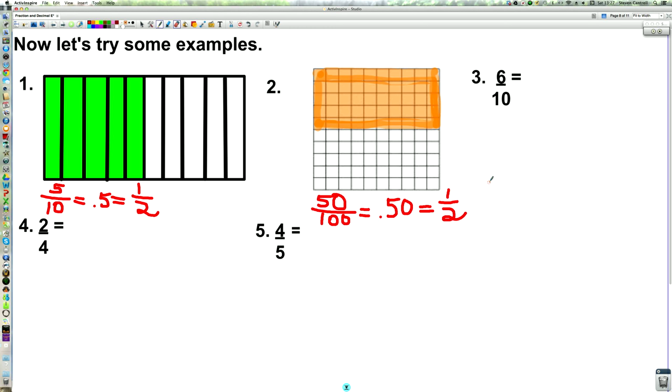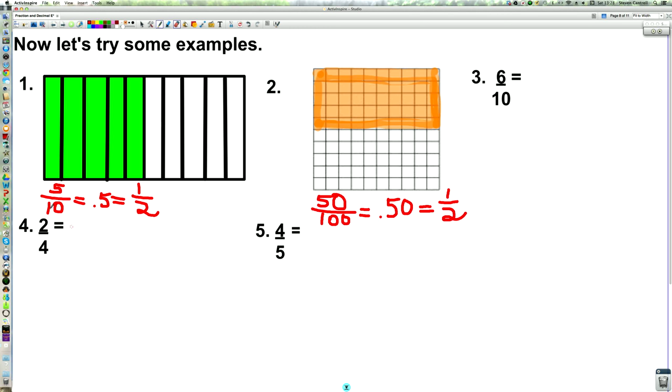So now for 2/4, right there, what would be an equivalent decimal for 2/4? Well, again, I can divide that by 2, and I'd end up with 1/2, and that would tell me that it's going to be 0.5 because 1/2 and 0.5 are equivalent.